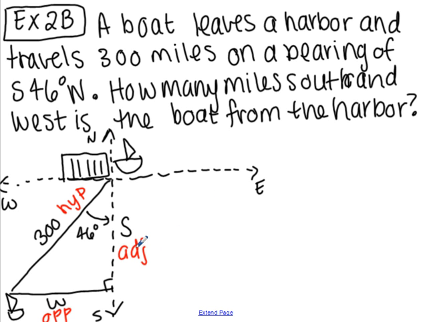Let's start with this adjacent side, the south. So I'm going to have adjacent over hypotenuse, which is cosine. The angle is 46 degrees, and it is adjacent over the hypotenuse.